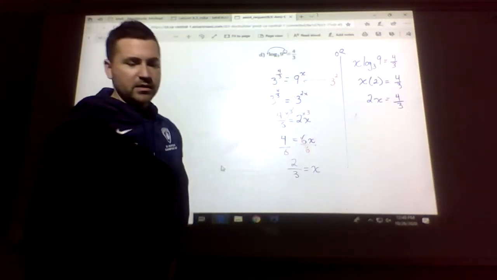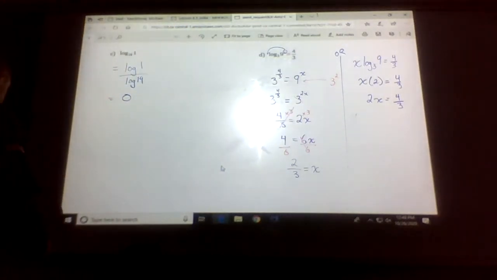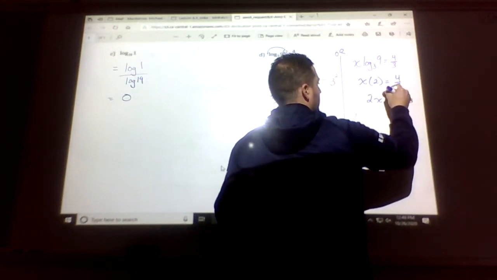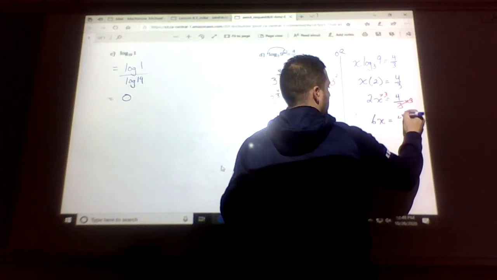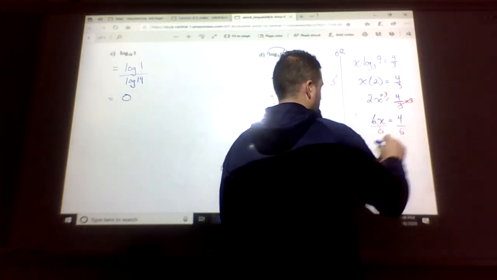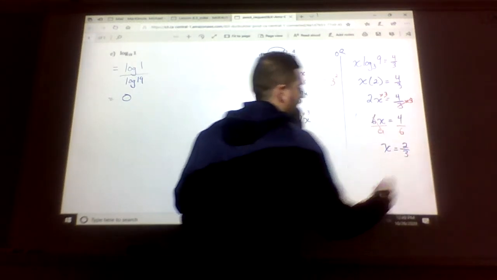Okay, and once again, now solve for x. So multiply by 3 gives you 6x equals 4. Divide by 6 on both sides, and now we have x equals 2 over 3.